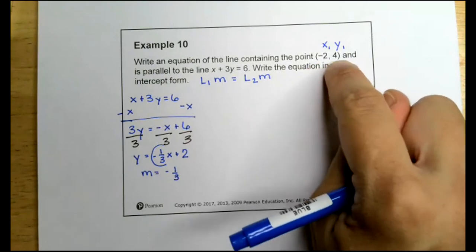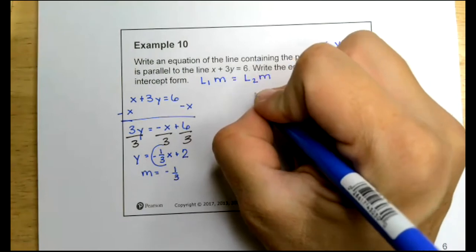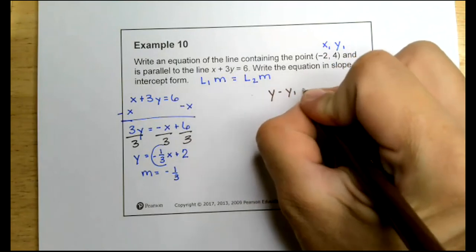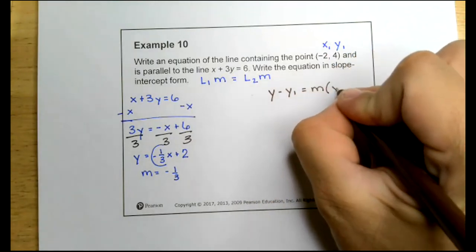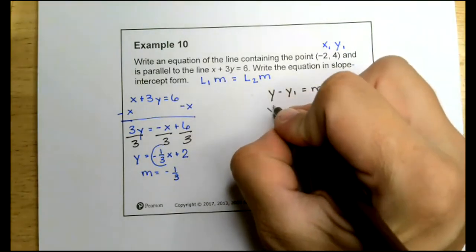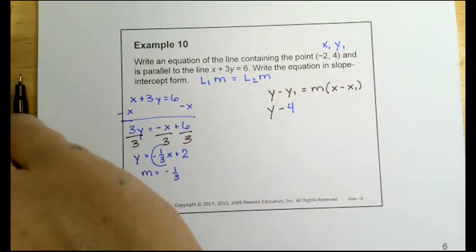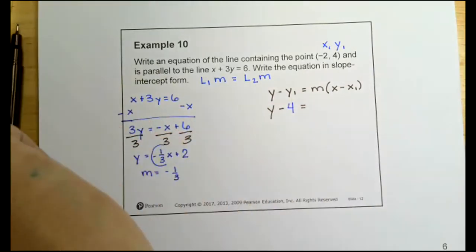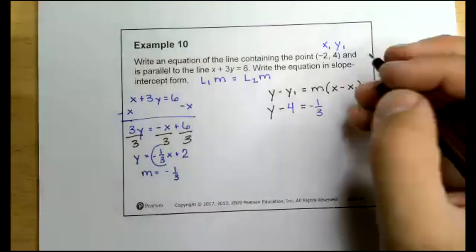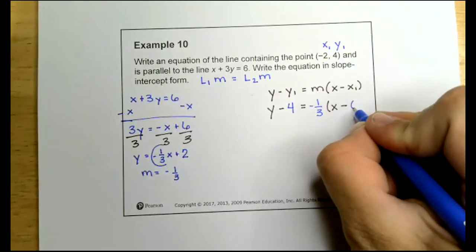And then it has the point -2, 4. So if I have one point and the slope, the equation I want is y minus y1 equals m times x minus x1. y minus y1 is 4 equals m is -1/3 times x minus -2.